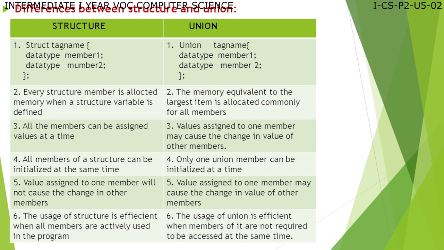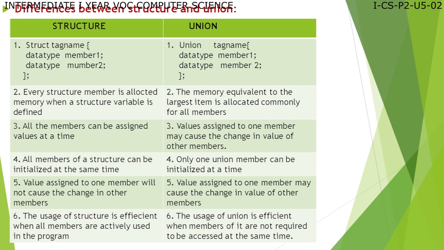Next, in a structure, all the members of the structure can be assigned values at a time, at the same time we can say. Here, in a union, a value will be assigned to one member, which may cause a change in the value of other members.